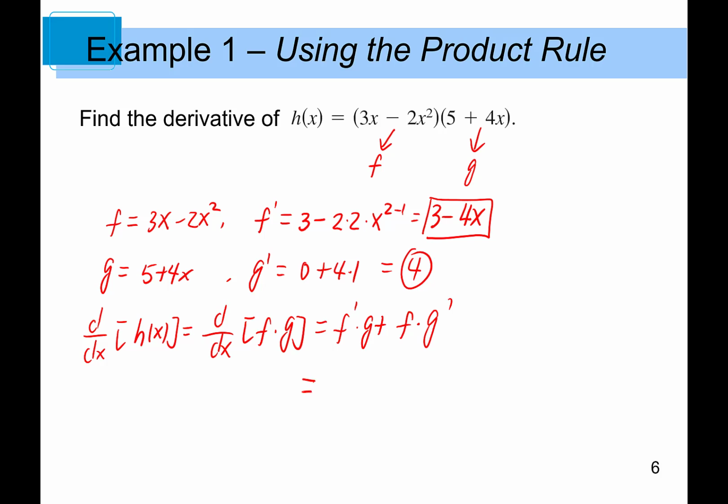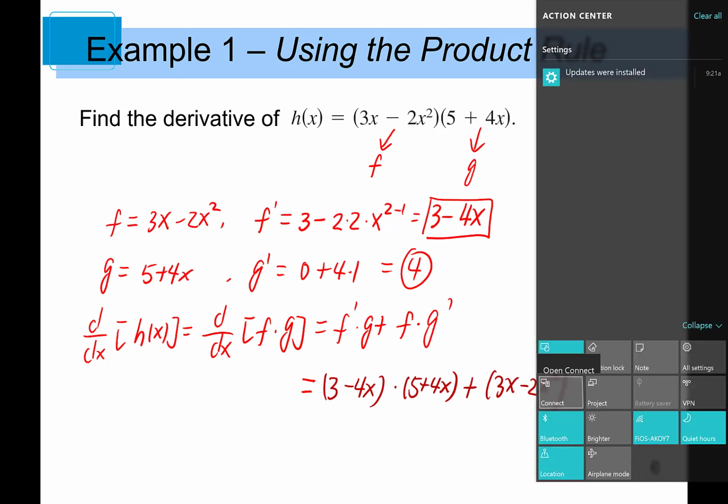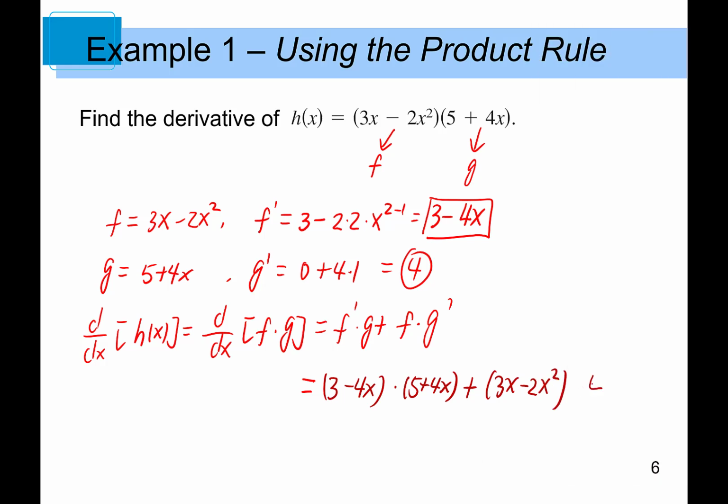Now just replace f prime and g prime with the given expressions. So f prime is 3 minus 4x times g, which is 5 plus 4x, plus f, which is 3x minus 2x squared, times g prime, which is just 4. Then we just have to distribute and combine like terms.